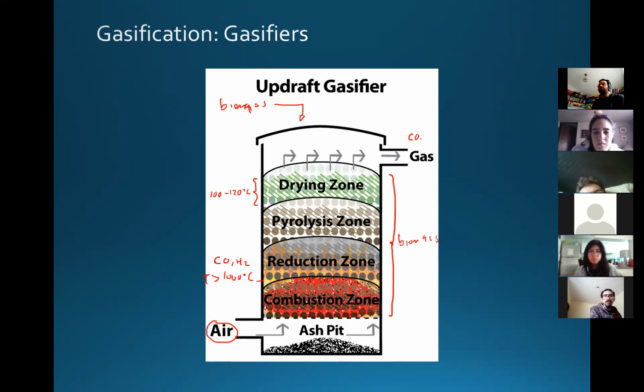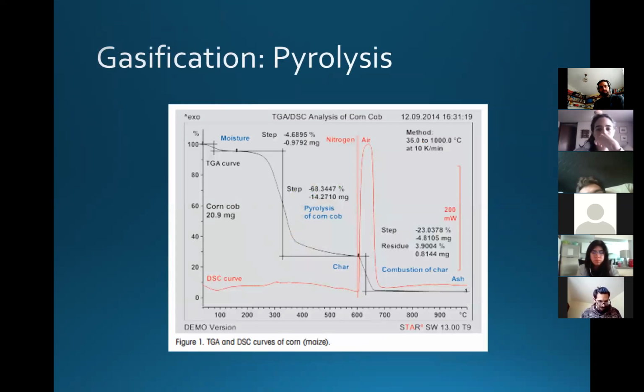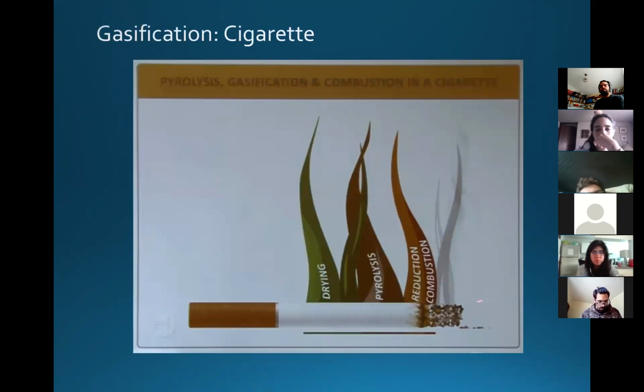And here the gas is going to be CO and hydrogen. Okay. So these two gasifiers are the easiest ones to explain because the zones are in sequence and so on. But there are many types of gasifiers.